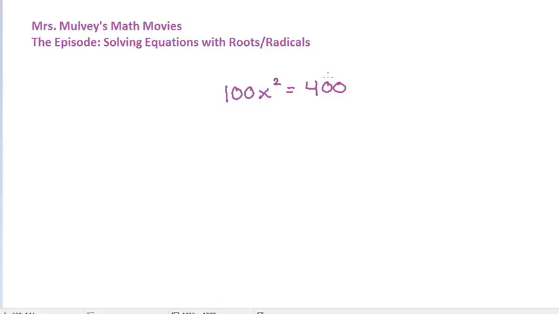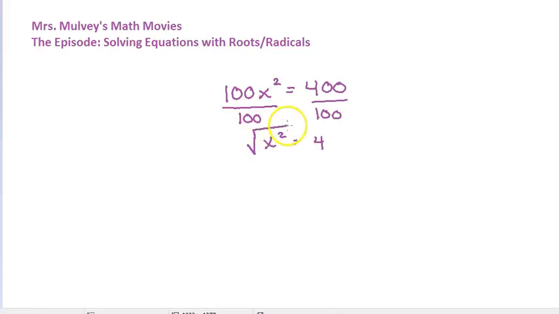Because I have just a variable with a power, and I don't have a linear term, notice I have an x squared but no x, what you can do is isolate the variable and then use roots to solve. Since I have 100 times x squared, I'm going to divide both sides by 100. And when I do that, I get x squared equals 4.